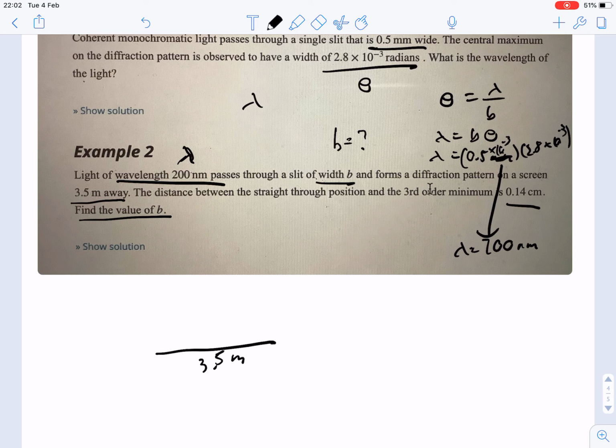The screen is 3.5 meters away, and the distance to the third order minima is 0.14 centimeters. That is actually the angle. Opposite over adjacent, so that's the tangent function we need to use here.